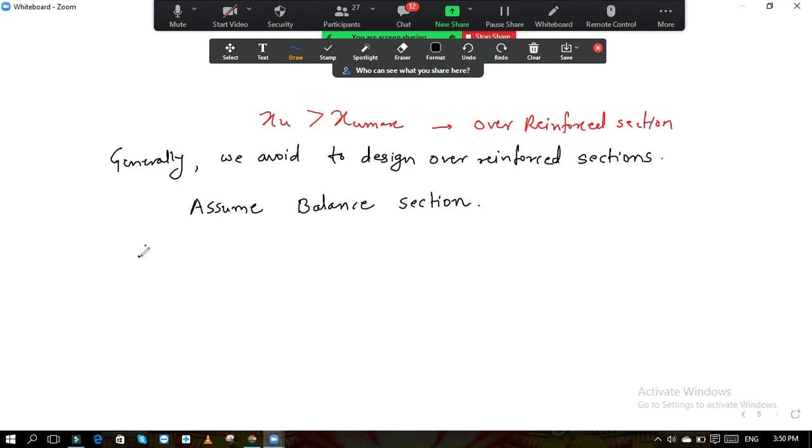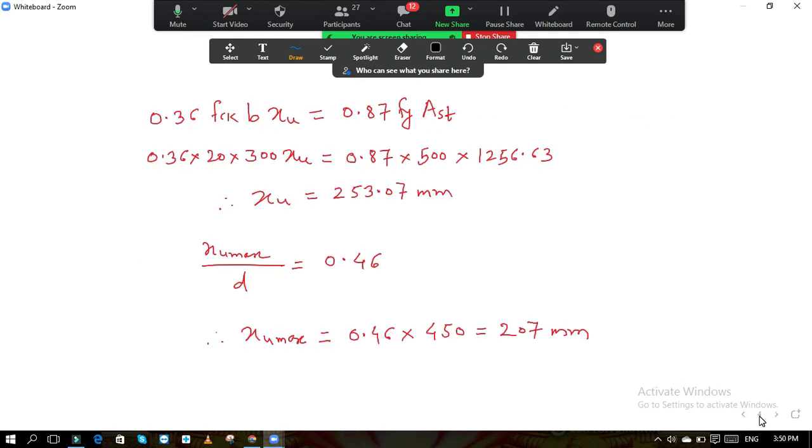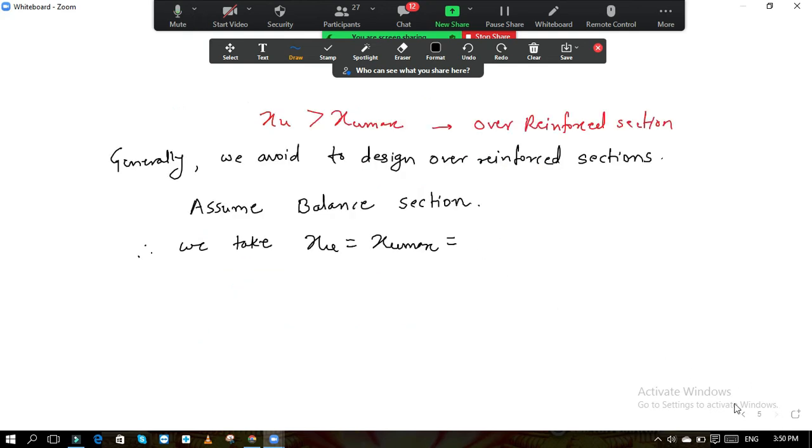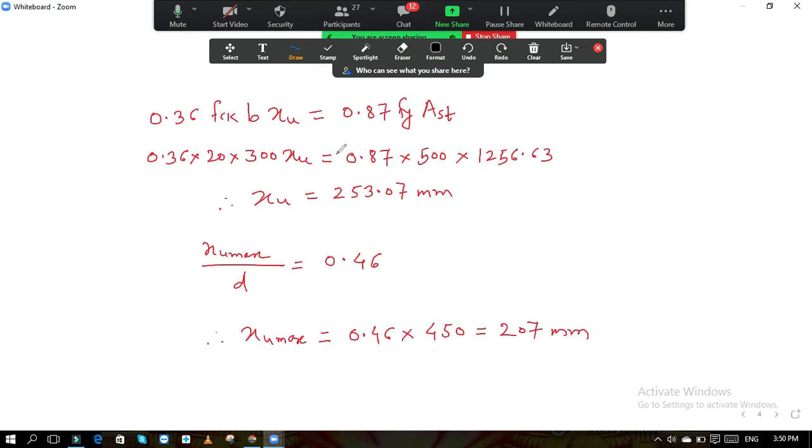So therefore we take Xu equal to Xu max, which is equal to 207. The value of Xu max that came is 207. We will not take that value of Xu as 207.